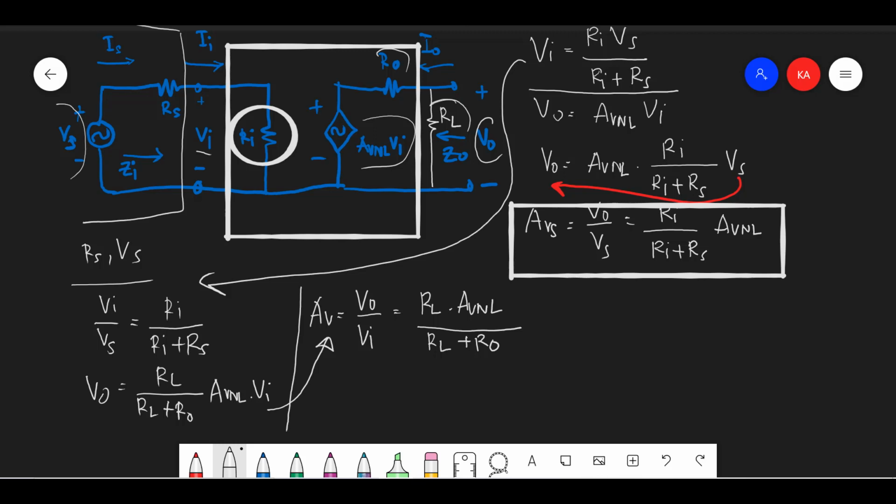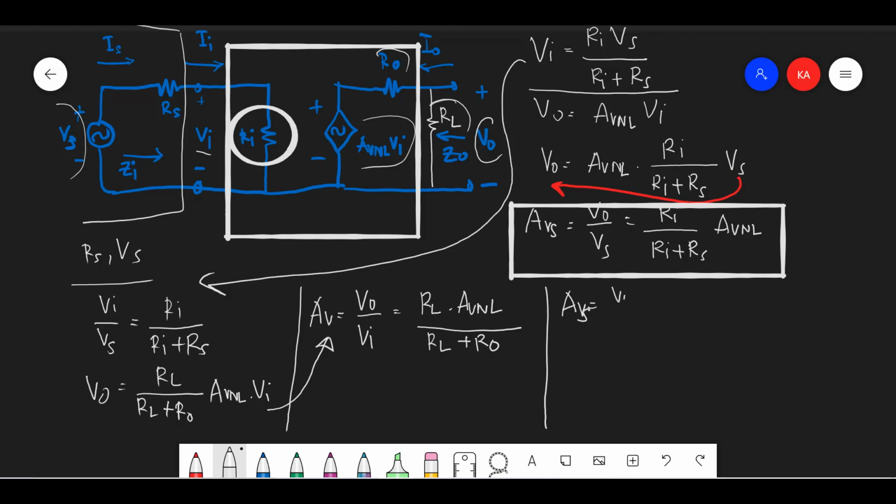So for the total gain, AVS is equal to Vo per Vs. I'm sorry, I have to explain here first.